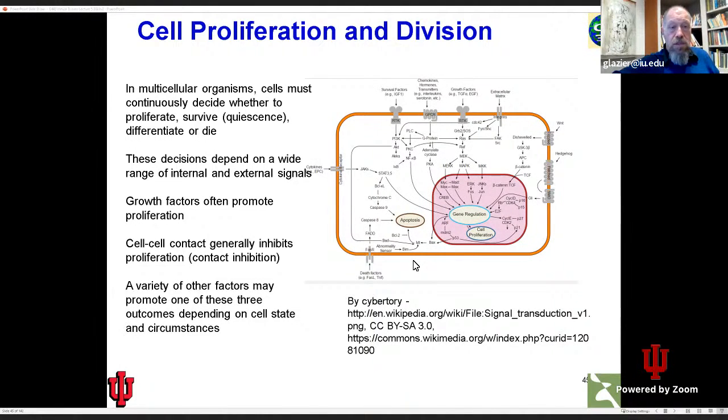And those decisions depend on a whole range of both internal and external signals. And the cells are continually integrating those signals and deciding which of those things to do. And there are other things they can do, like move or pull on things. But ultimately, the fundamental decision a cell has to make is, do I grow, do I divide, do I sit here, or do I die?